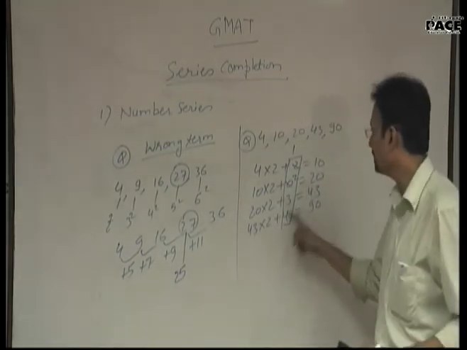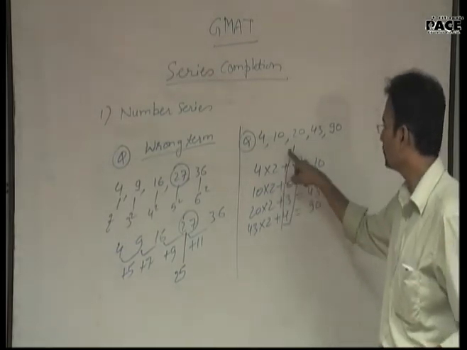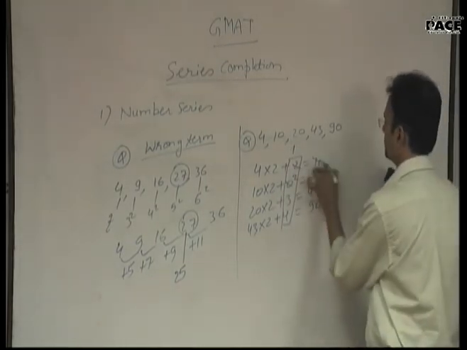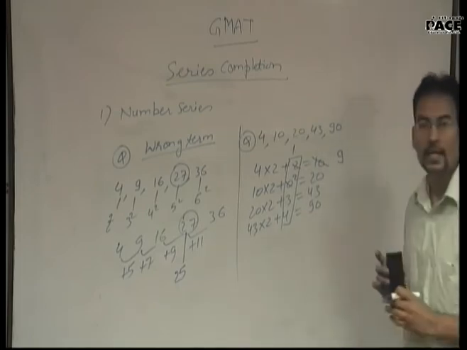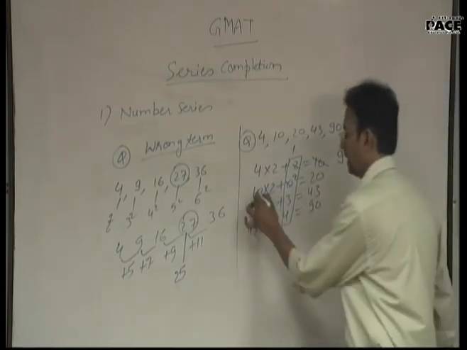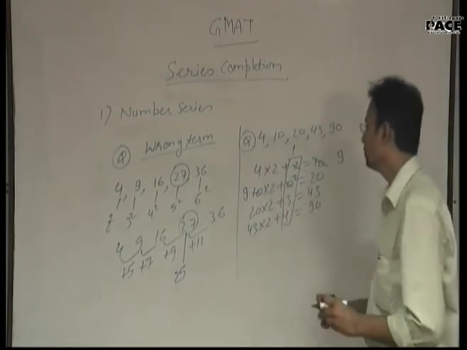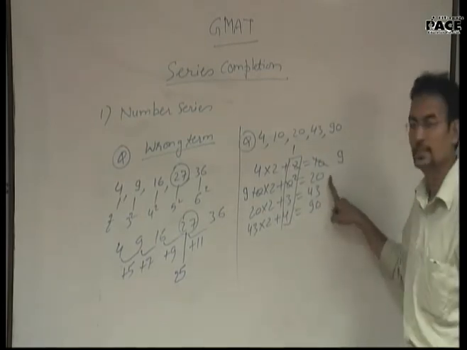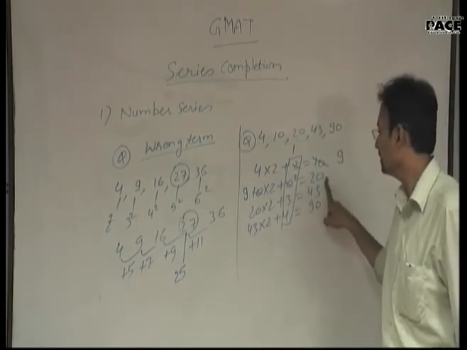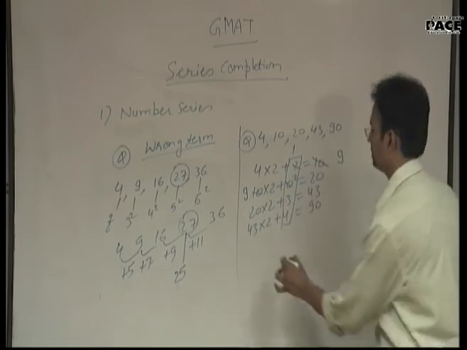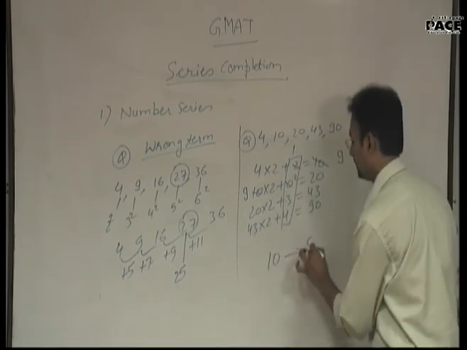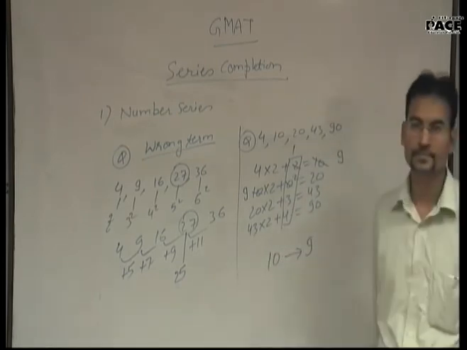If it is 1, 2, 3, 4, then 4 into 2 plus 1 should be 9. And then 10 should be replaced by 9 here, which will give you 20. 9 into 2 plus 2 is 20. So 10 is the wrong term, which should be replaced by 9.